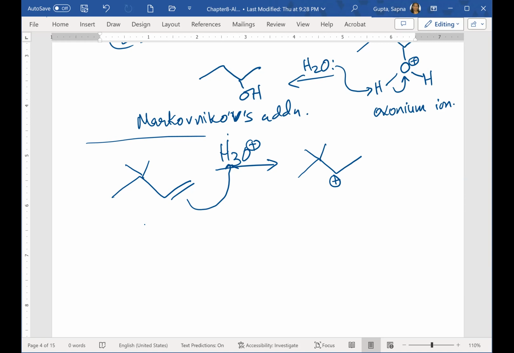But if you have a primary carbocation, first of all, you should not be forming a primary carbocation. But like in the mechanism I gave you in the homework, you had to do that, but then you will do rearrangement. So if you form a secondary carbocation, look around, see if you can move anything to rearrange it in order to make it more stable, okay? So that's the one thing you should do.